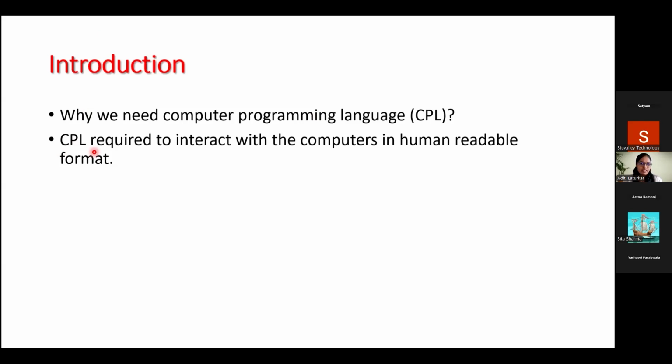We understand only human readable languages, and the computer understands machine language, which is in 0 and 1 format, right? Because it is always in 0 and 1 format. So as I said, the computer programming language is always used to interact with the computers in a human readable format.